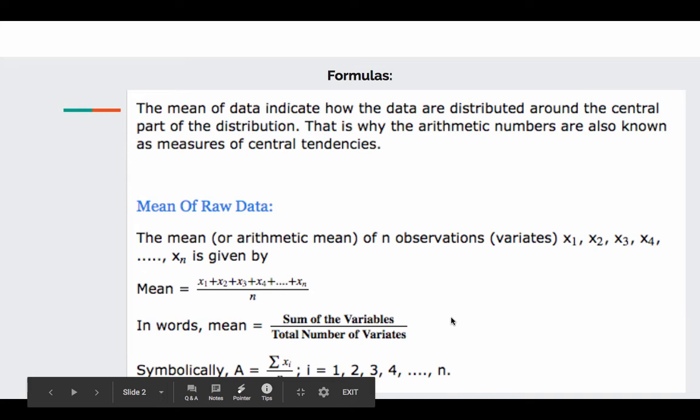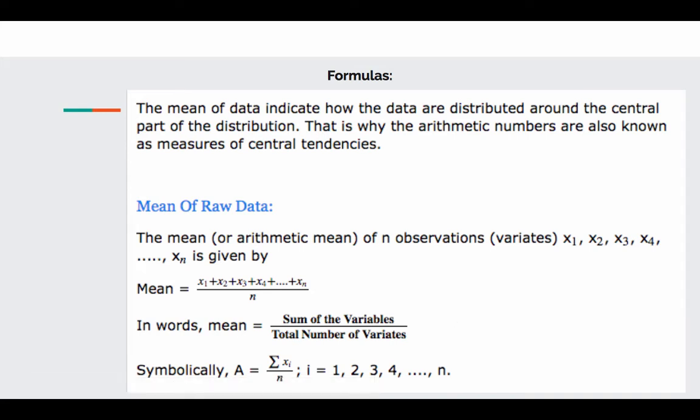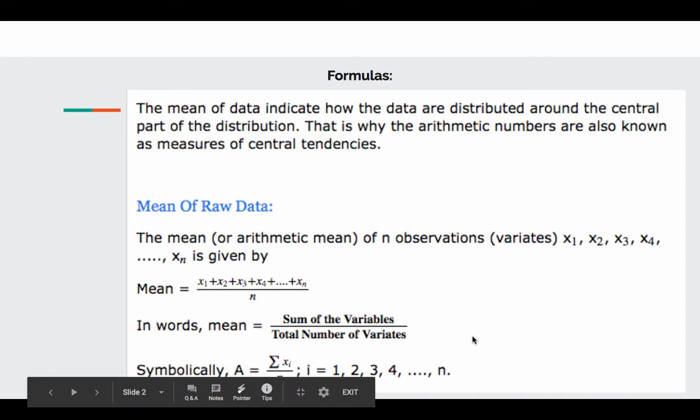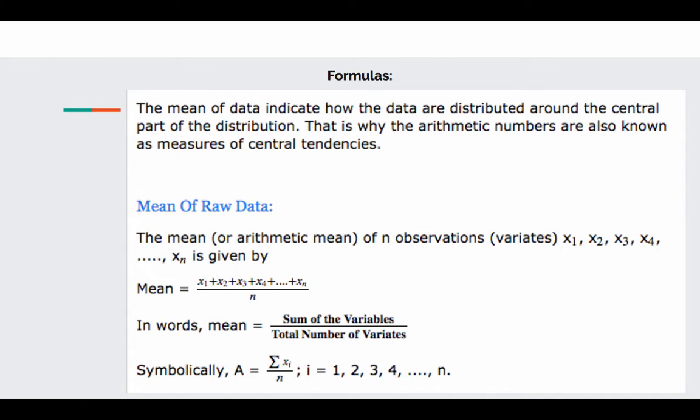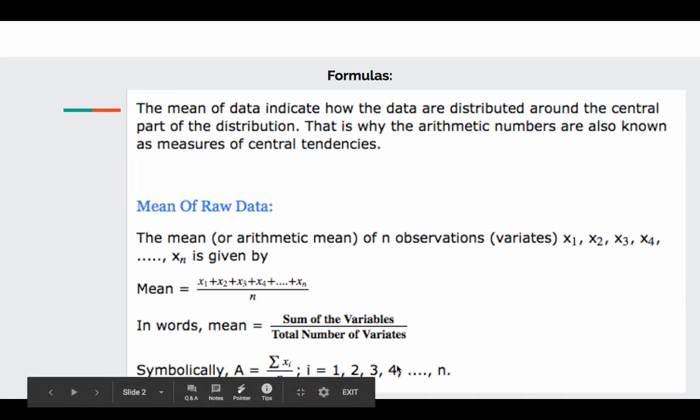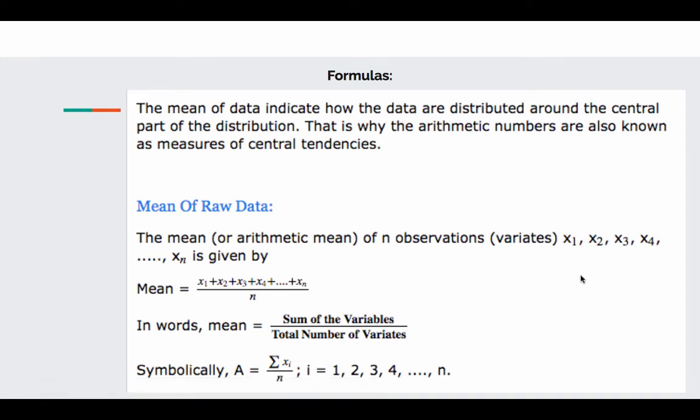Now at the same time, I can take it in symbolic form. I like this, please pay attention. Symbolically I can say it as the sum of xi, that is x1, x2, x3, and so on, upon n. This sign is the sign for summation, that is, sum of. So the summation of xi upon n, where n is the number of observations.